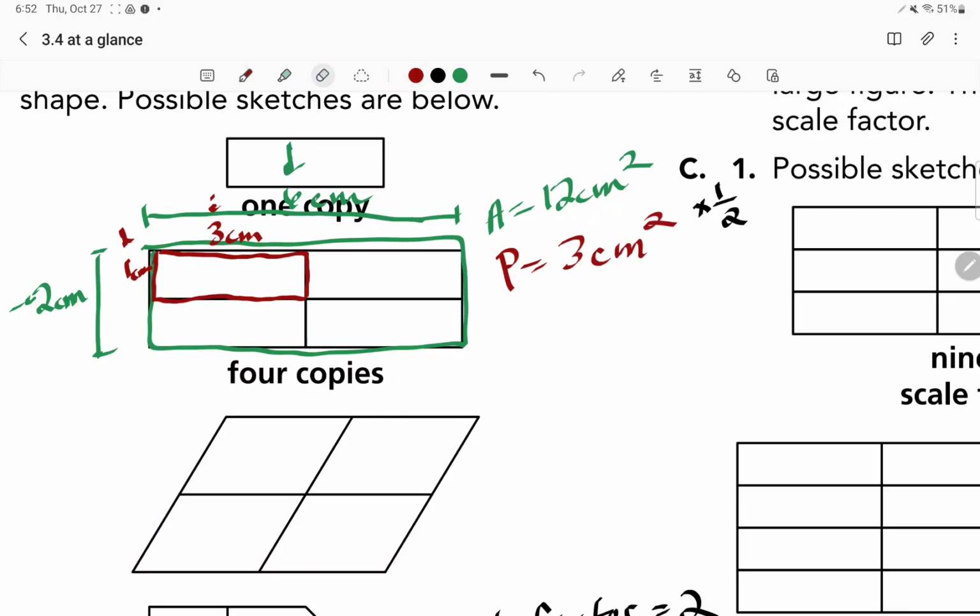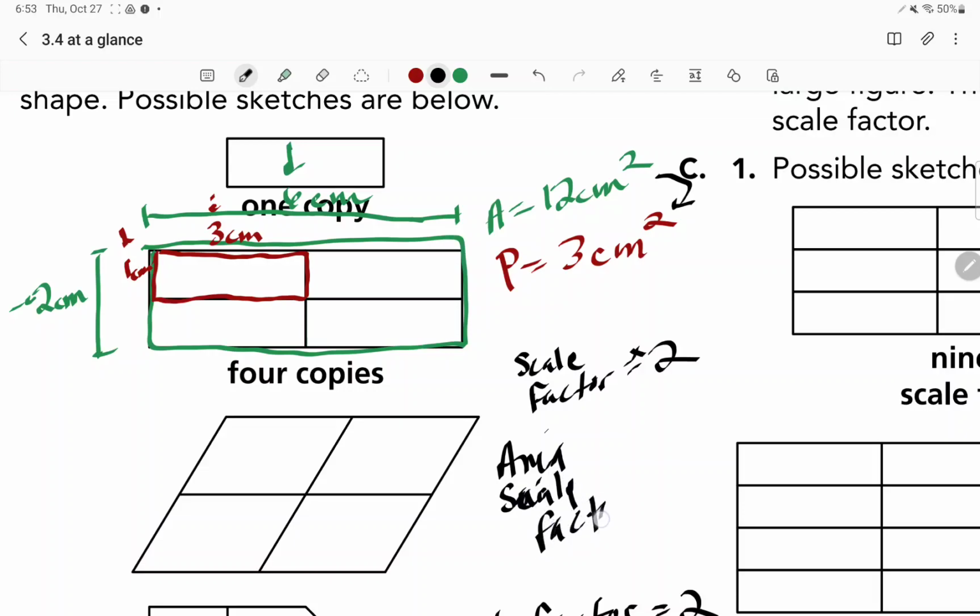We should have already known what this answer was going to be because it's asking to compare the area of the larger to the area of the smaller. Well, remember, if our scale factor is 2 for the sides and perimeters, the scale factor for the area is going to be 2 squared.